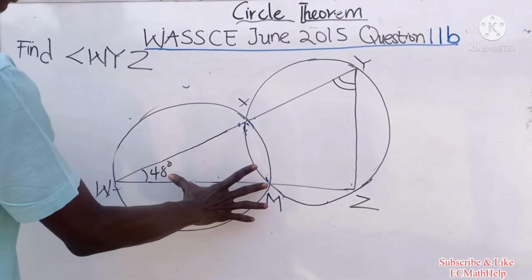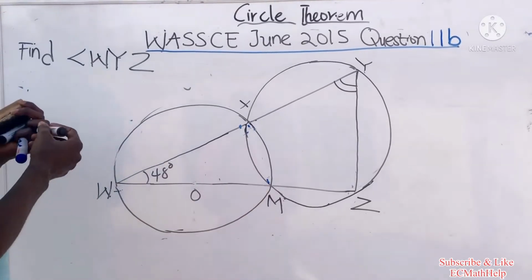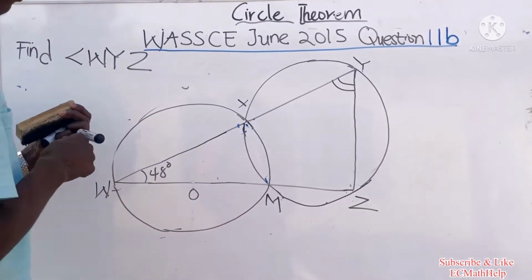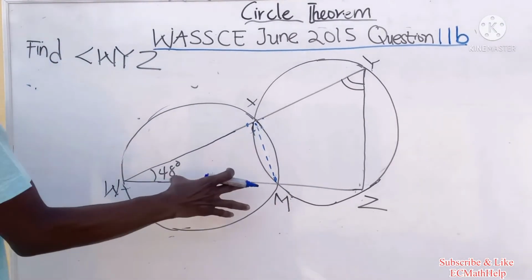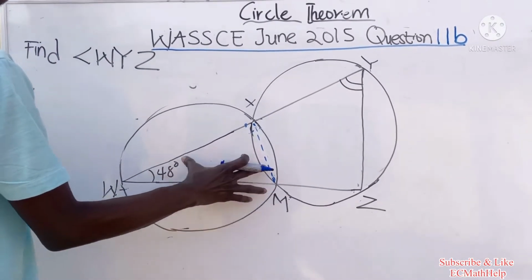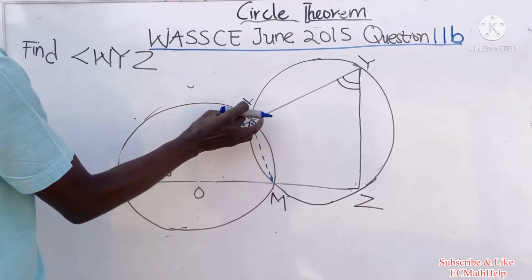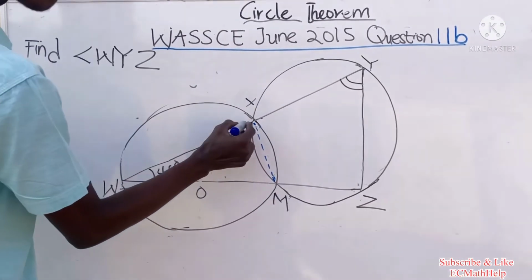If WM is the diameter, we know from the rule that we can form an imaginary line here and say that whenever the diameter of a circle subtends an angle to the circumference of the circle, the angle formed is 90 degrees.